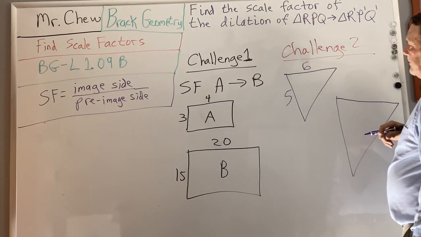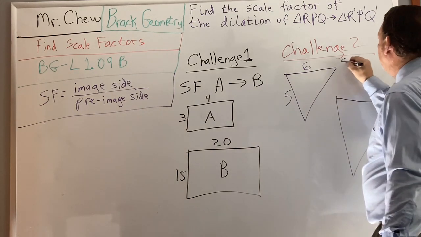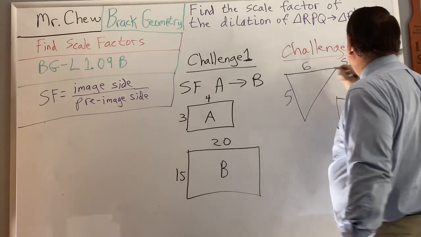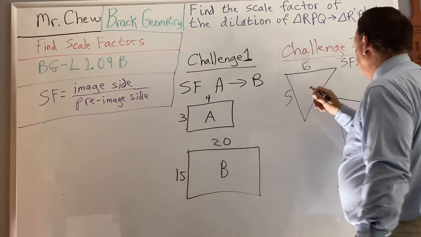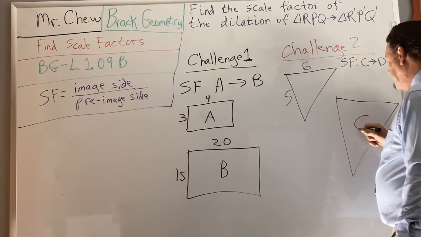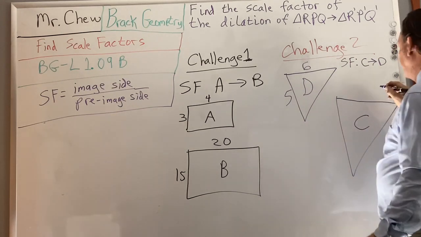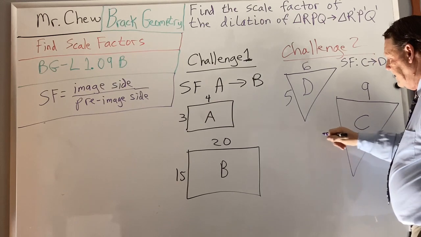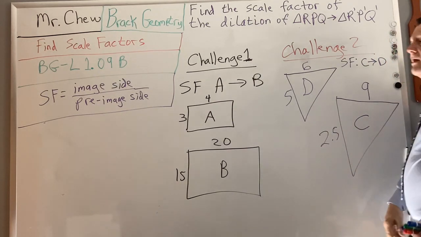And that went from A to B. And this one is going to go from C to D. And this is going the opposite way. So this will be a little bit different now. So, and this is 9. And this one's 2.5. So try these 2 challenge problems.